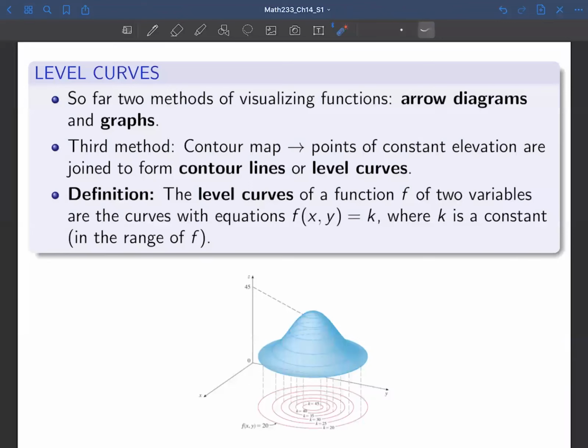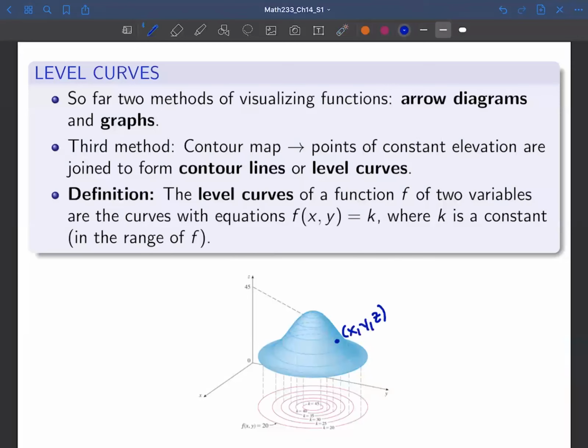So for example, in this case, we see that we have this surface, and every point on this surface has a value of, let's say here, of x, y, and z.